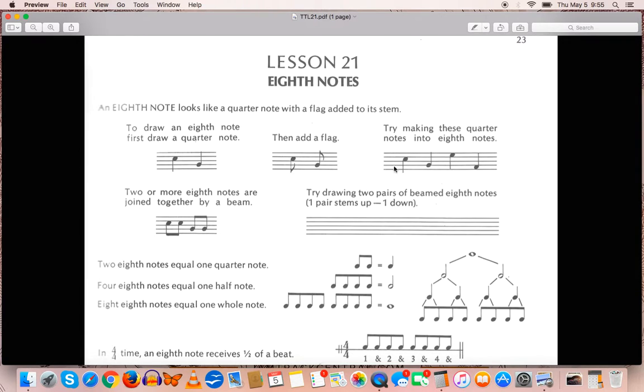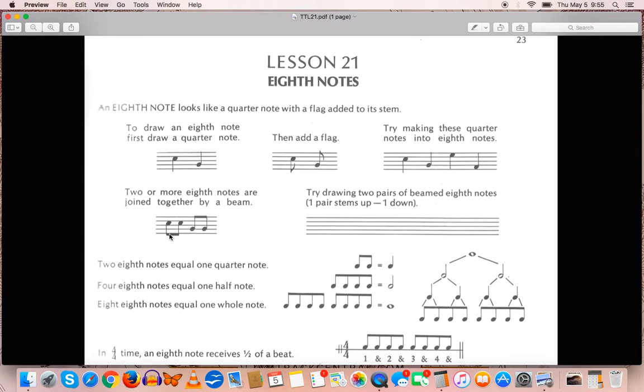Okay, so here's a little exercise. Make eighth notes out of these quarter notes. These are single eighth notes right here. When they're doubled up, like these are eighth notes, and the reason they're different is because they show one beat at a time. So there are two eighth notes in one beat, or one quarter note. Okay, so in a bar of 4/4, a quarter note is going to get one beat.